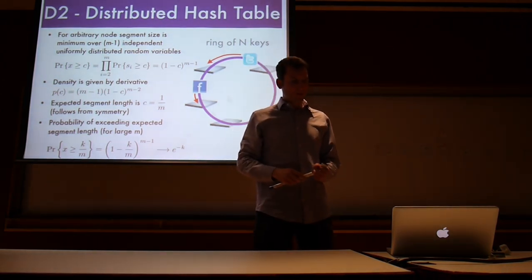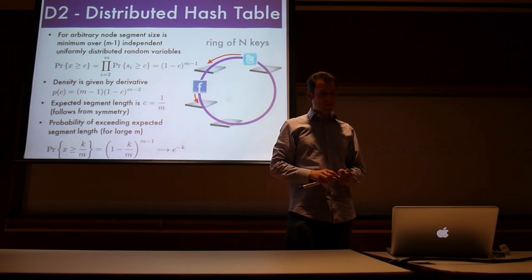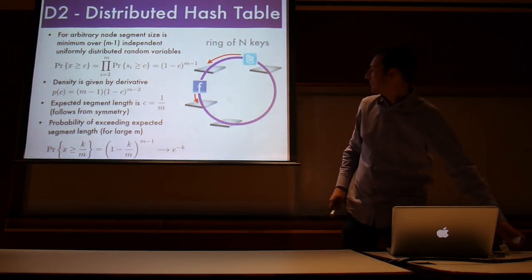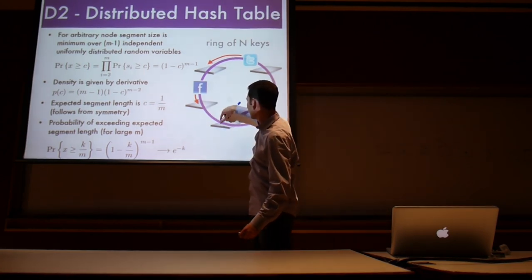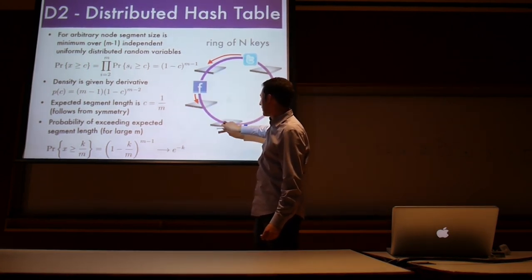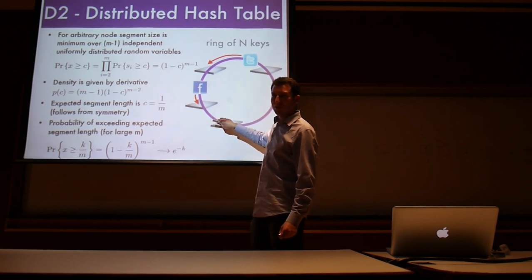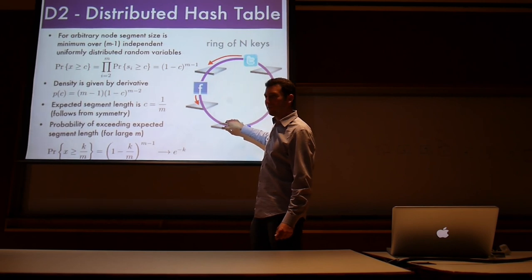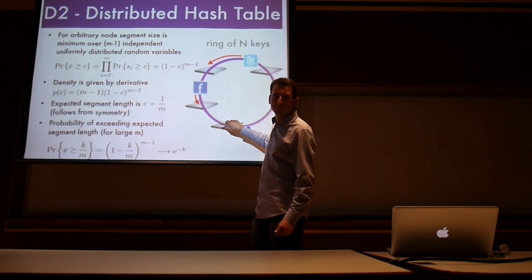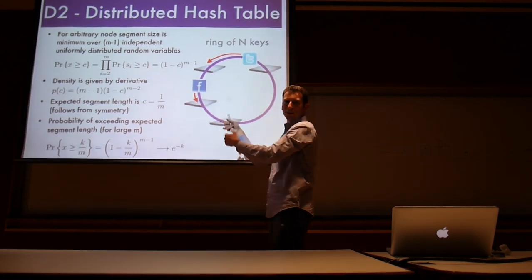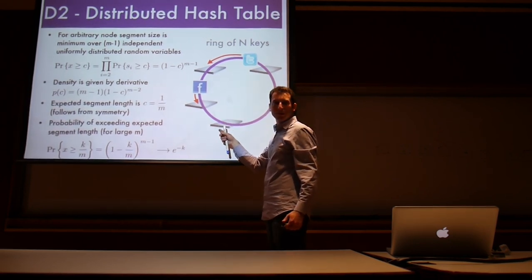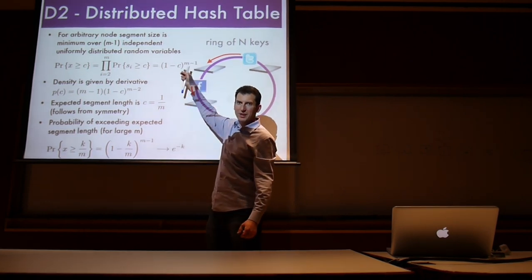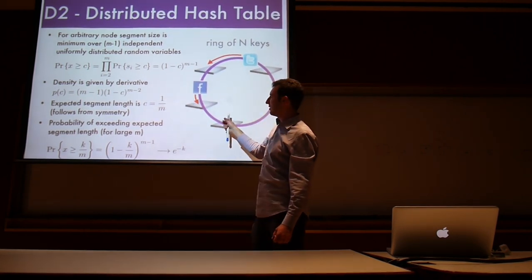So the first thing to think about is, well, if we want to know the size of a particular segment, let's say this segment here. Well, without loss of generality, we can pick any machine and we just define the hash of that machine to be 0. Because we can always just rotate the ring and everything around and set this to be 0. So now we basically have n-1 machines that we can randomly assign over that ring.